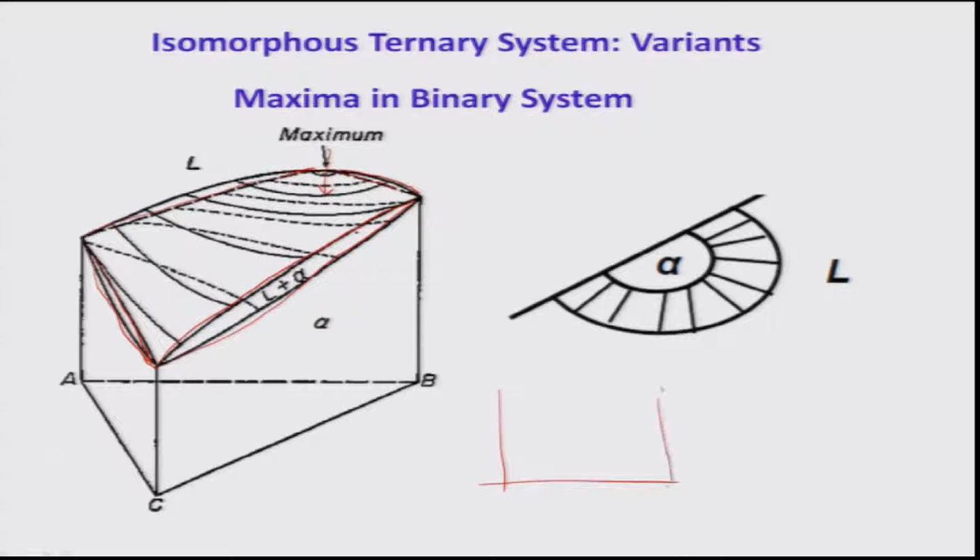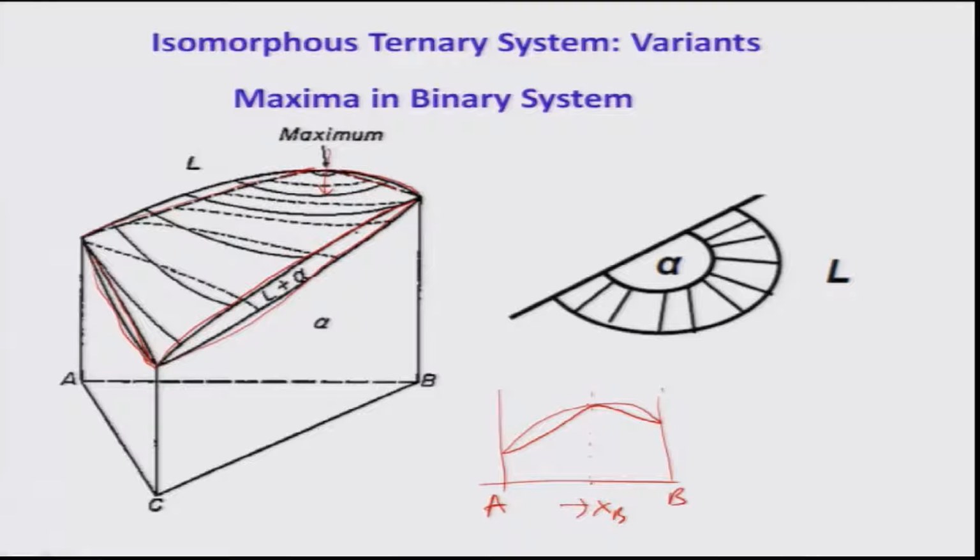So, if I draw the AB phase diagram, binary, this will be like this, correct. So, this is what I am talking about. If I have a maximum point in the AB binary like this, then how will it look? This phase diagram will look like this, a ternary space model.